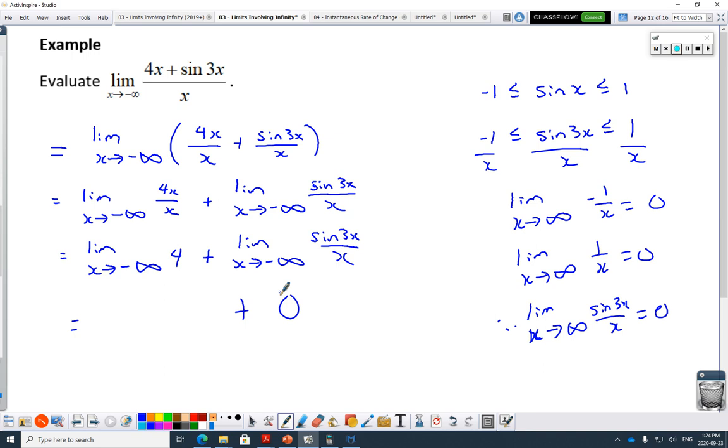Limit as x goes to infinity of 4. Ooh, no. Except that, yes, I should have written that, but it didn't matter in the answer. And so I hope you know this is 4. And so I get final answer 4.